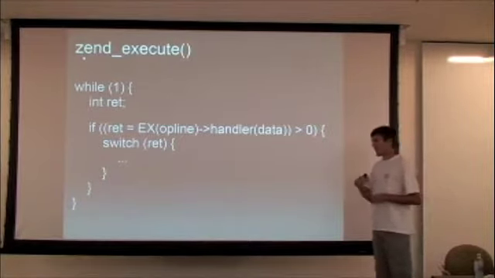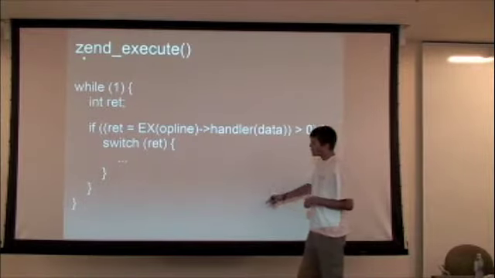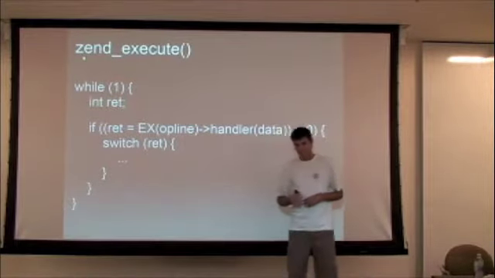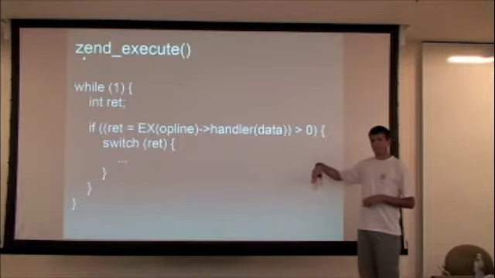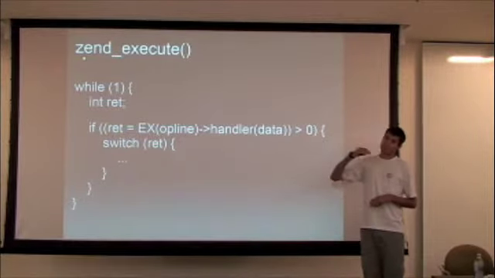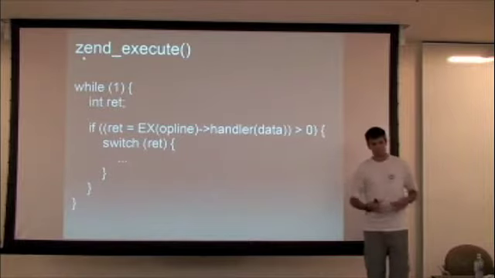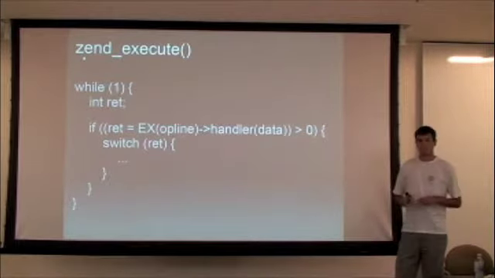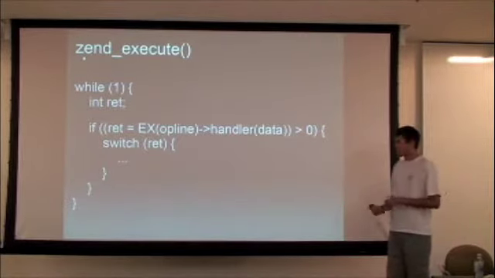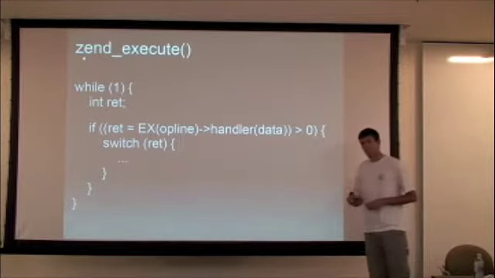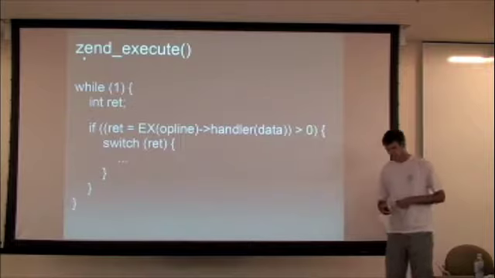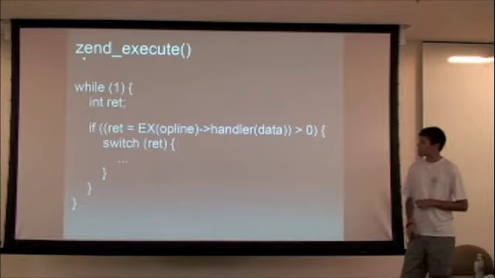So when we JIT compile and run the LLVM optimization, we can also remove that switch because we know that the handler always returns 0. So JIT compiling also has the benefit that we remove a lot of code from being executed.